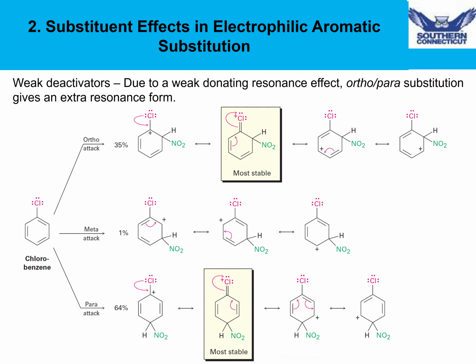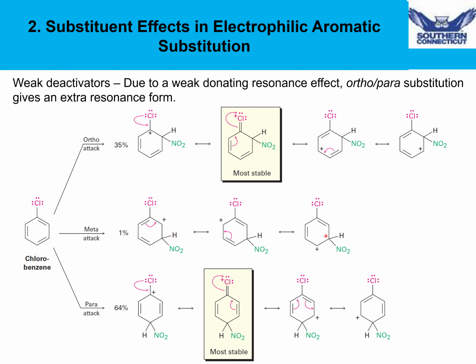You might recall that the weak deactivators, which would be the halogens like a chlorine, are generally ortho-para-directing, even though they are deactivating groups. Very similar to the phenol example, when we do an ortho or para substitution, we're going to have 4 resonance structures. In the case of a meta substitution, we get 3 resonance structures.